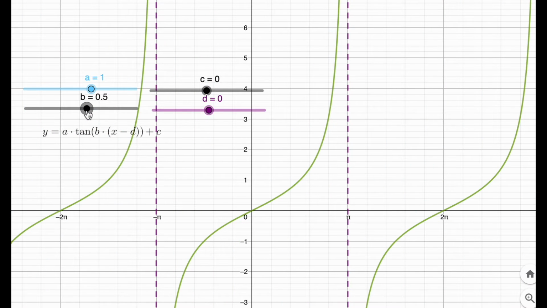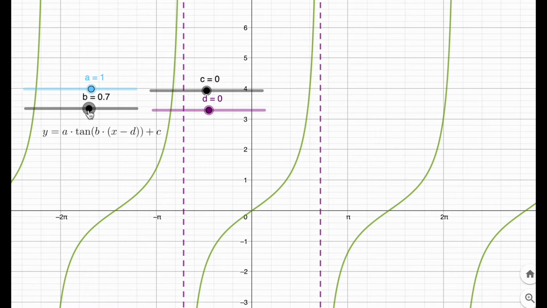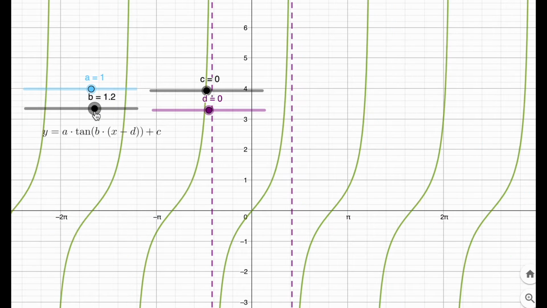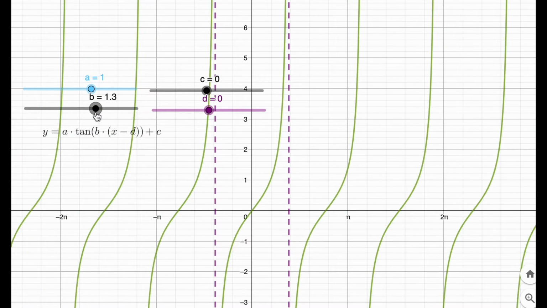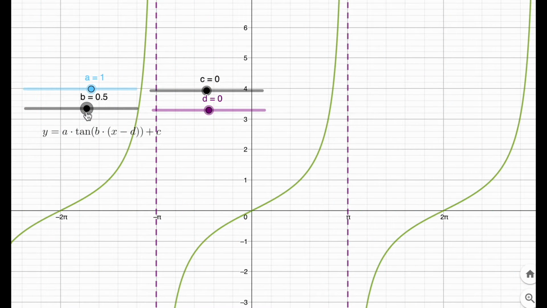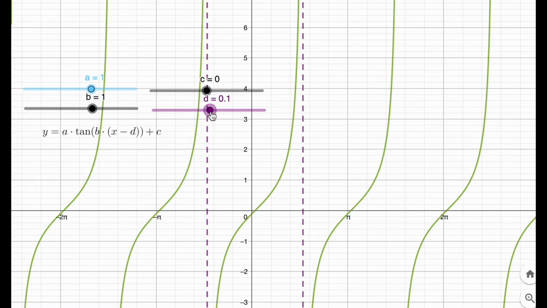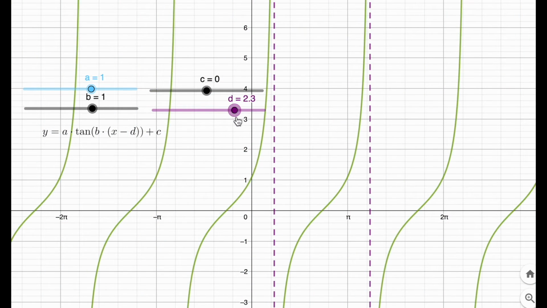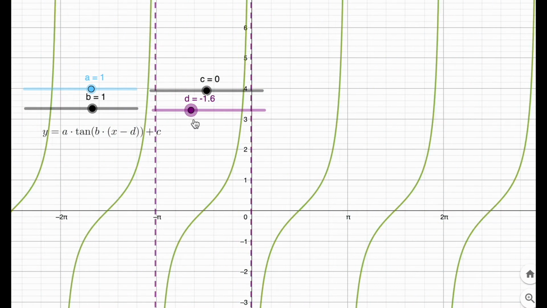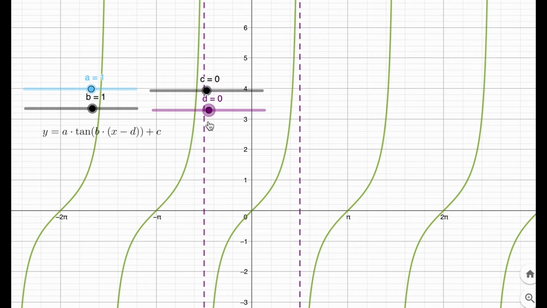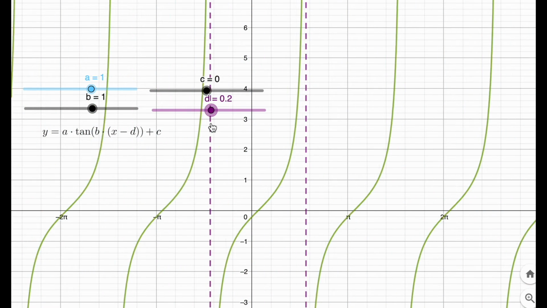That changes the frequency, which is 1 over the period, and you get more of them. So it does change where the asymptotes are, and that's kind of a big deal. Now the d is the phase shift, and again, this just slides them back and forth like this. So you just get those asymptotes, and that's kind of the key.